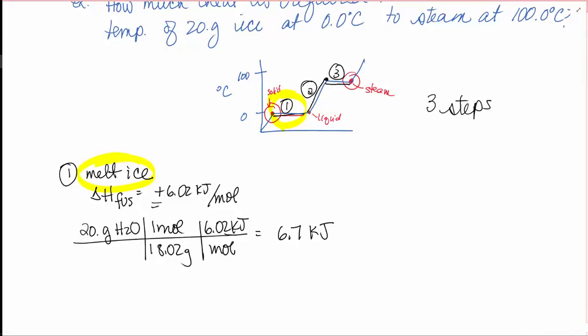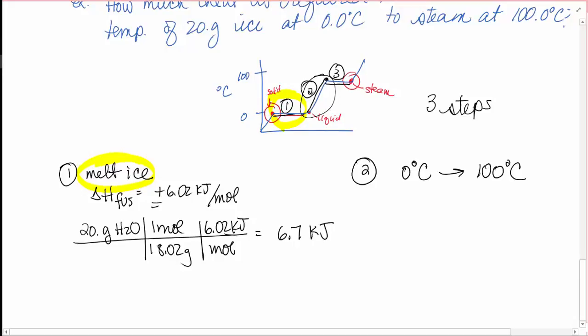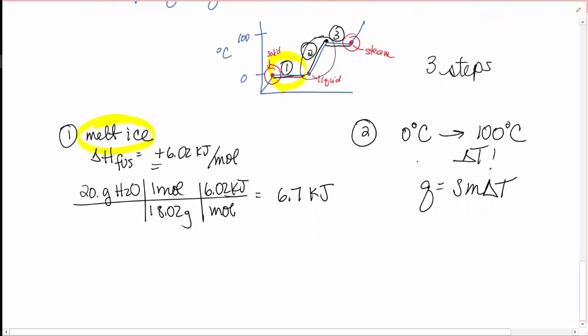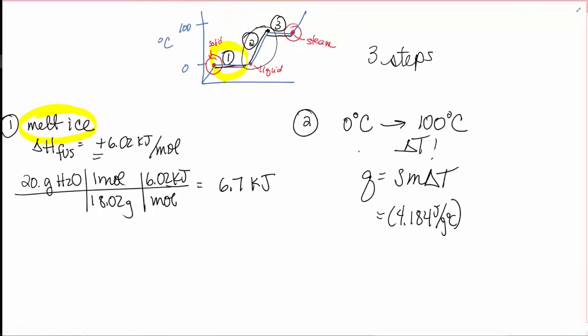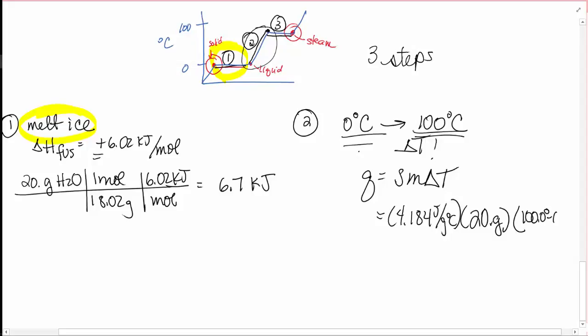Now I have liquid water at 0 and I need to heat it. So I'm in this region right here. Number 2, 0 degree water to 100 degree water. Well, that's a temperature change. So I'm going to use Q is equal to SM delta T. So 4.184 joules per gram degree Celsius times my mass of water, which is 20 grams, times my temperature change, 100 final, 0 initial, so 100 minus 0.